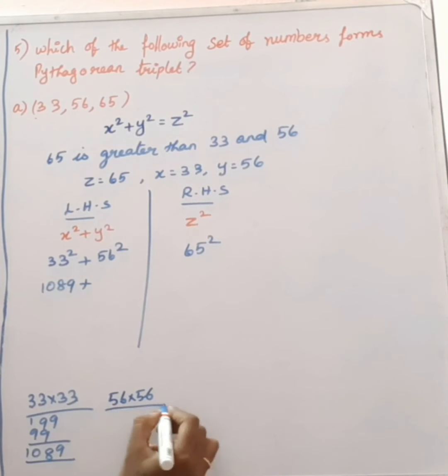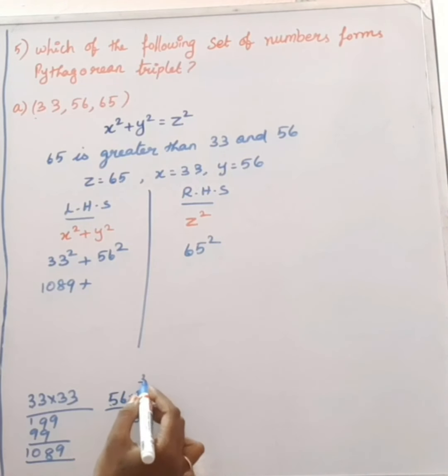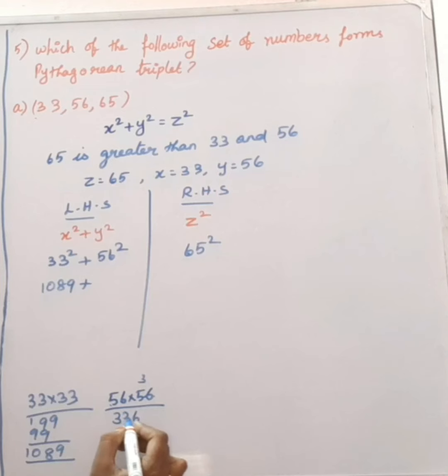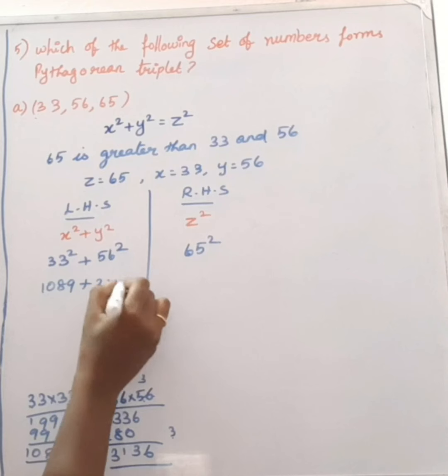What we get? 6 6s are 36. Remainder 3, 5 6s are 30, 30 plus 3, 33. 6 5s are 30, remainder 3, 5 5s are 25 plus 3 is 28. So 6, 3, 1, remainder 1, 3. So 3, 1, 3, 6.